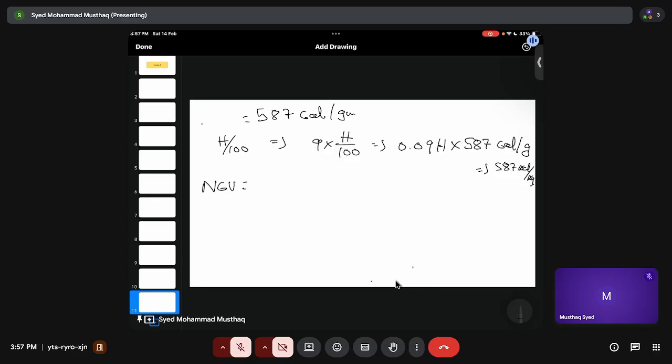So that will be GCV minus the mass of H2O formed times the latent heat.